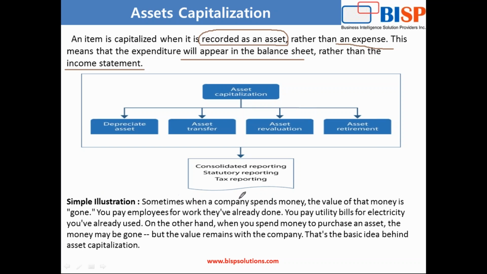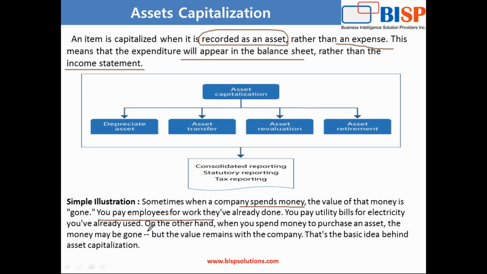When you spend money in your organization, for example as salary, the value goes out from your company. It is completely gone. You pay the salary to the employee. Similarly, when you pay a utility bill, it also goes out and nothing is left with you.